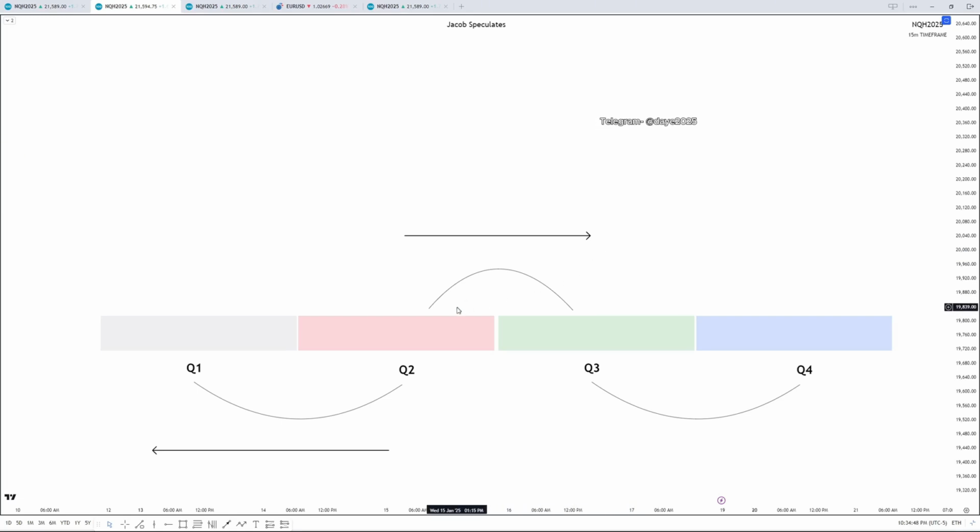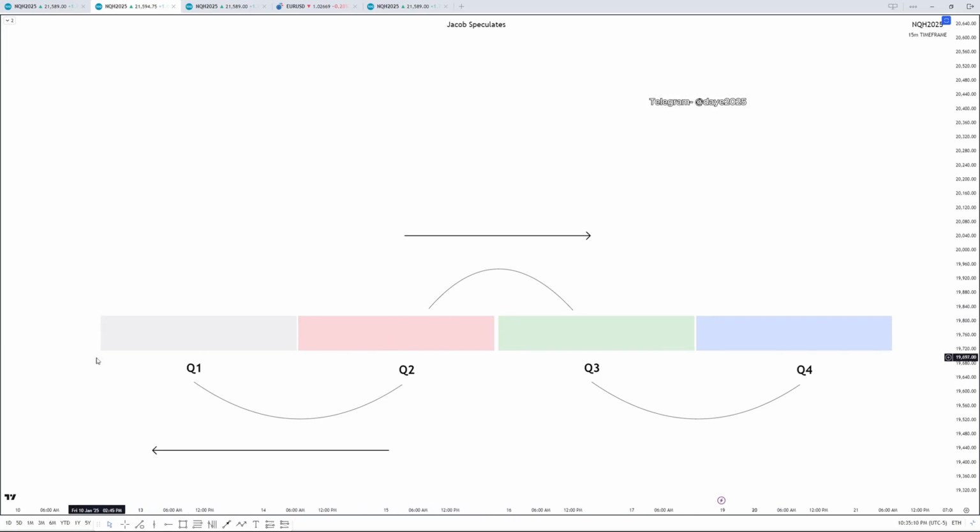Hint, hint, nudge, nudge. But viewing back on what the previous quarter did can give you insight on what the next quarter or current quarter is likely to do and how it will function. So that is where AMDX and XAMD, that's where that was originated from.